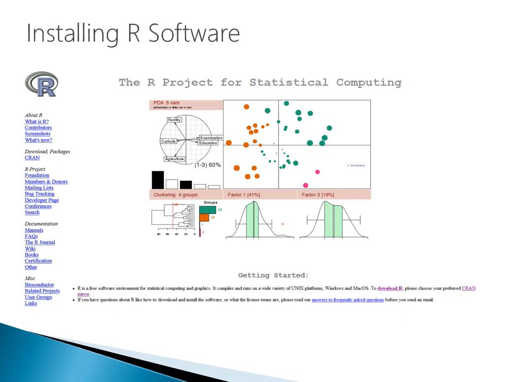Once we've clicked on the hyperlink for R, it opens up to a main menu that kind of looks like this. If you're looking at this, what we want to do is find the Getting Started section, and there's a link for Download R that we want to click on. So go ahead and find that link and click on that.